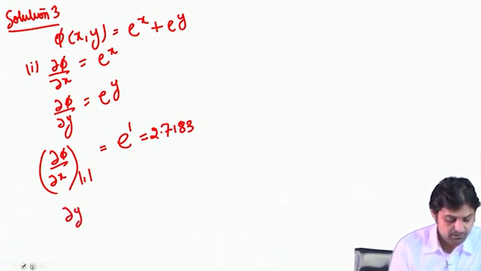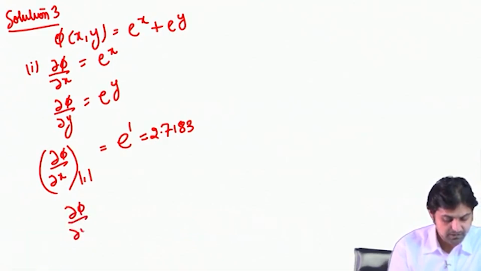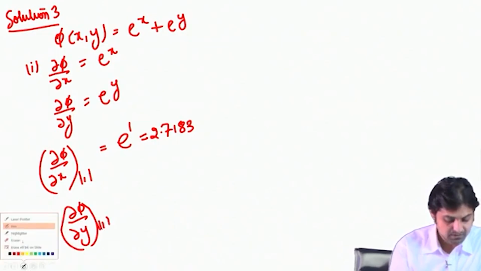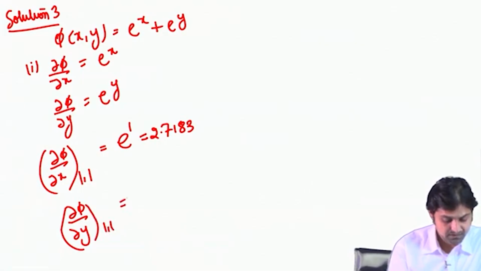Similarly, del phi by del y at 1 comma 1 is e to the power y, that is e to the power 1, 2.7183.